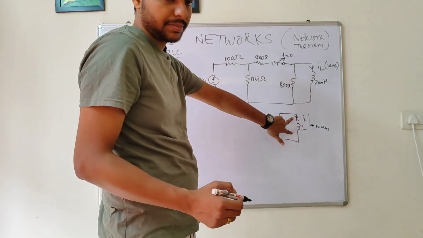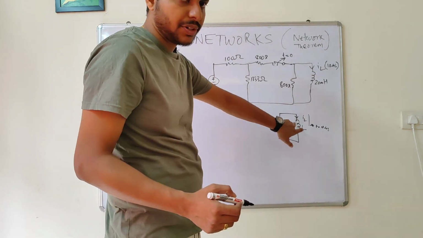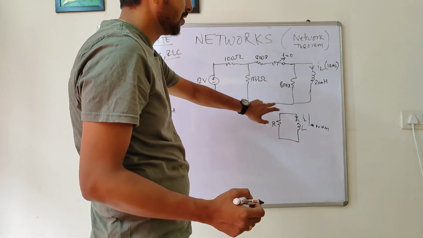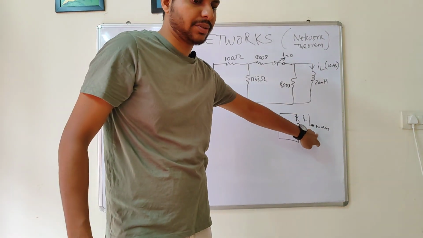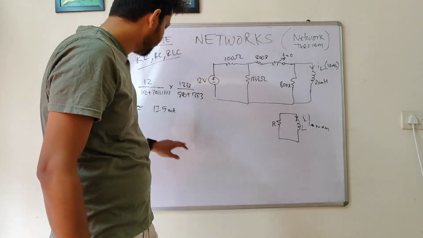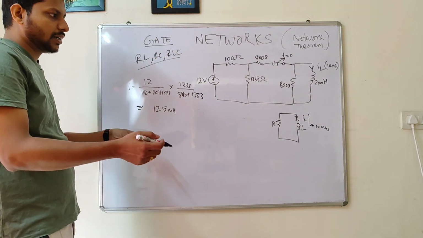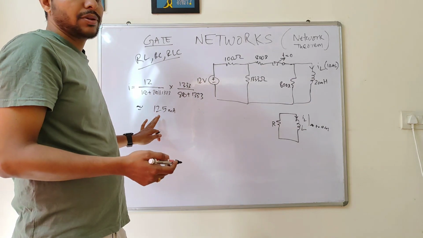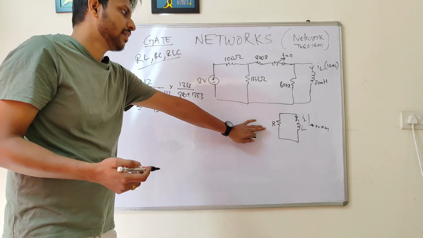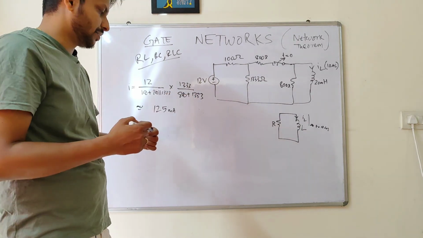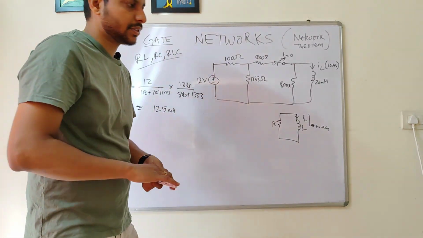This has stored some energy, which it will now dissipate across this resistance. So whatever the current is at t equal to 10 microsecond, it will be less than this. If in the exam there is only one option which is less than this, then you can immediately mark that answer without solving it. But let's say there are confusing options, then you need to solve this.